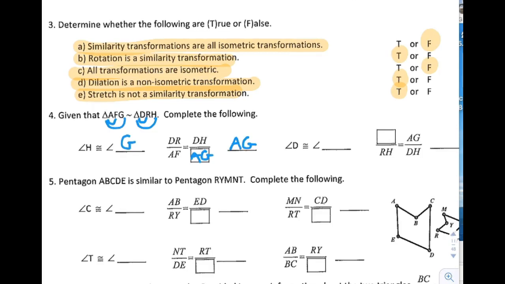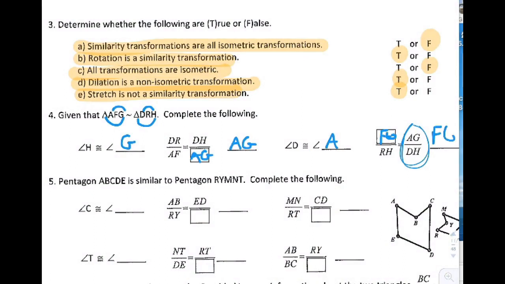Angle D is in the same position as angle A. And the last part here, AG, DH. And then something RH. It must have been FG. A little bit neater there, FG.